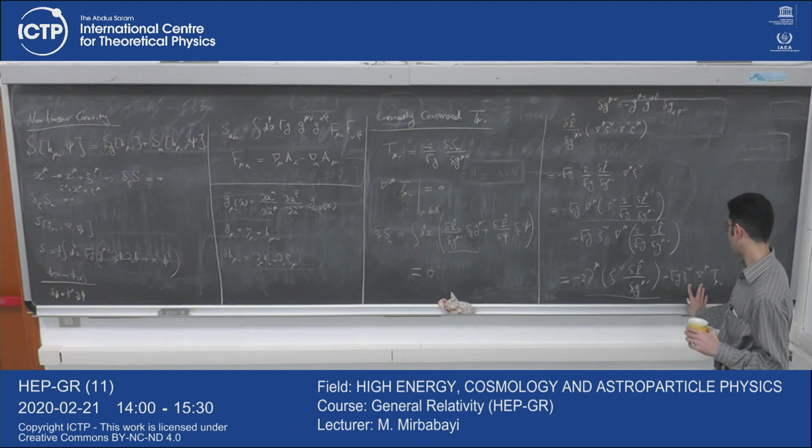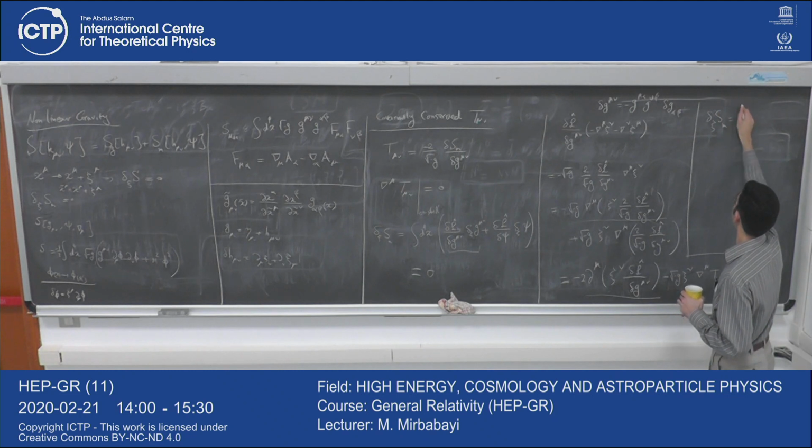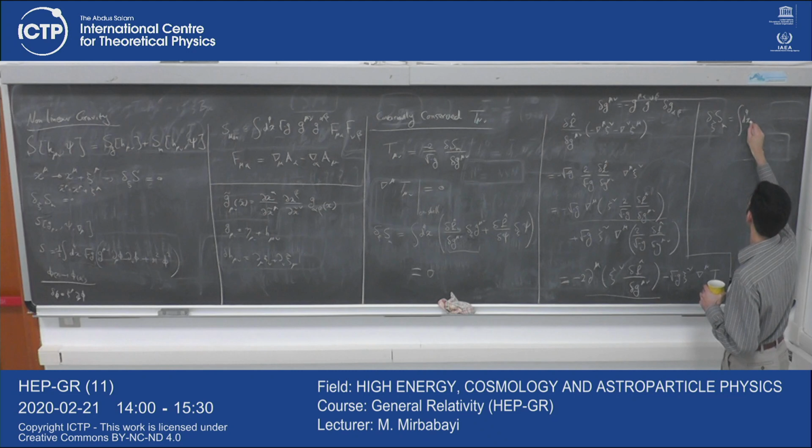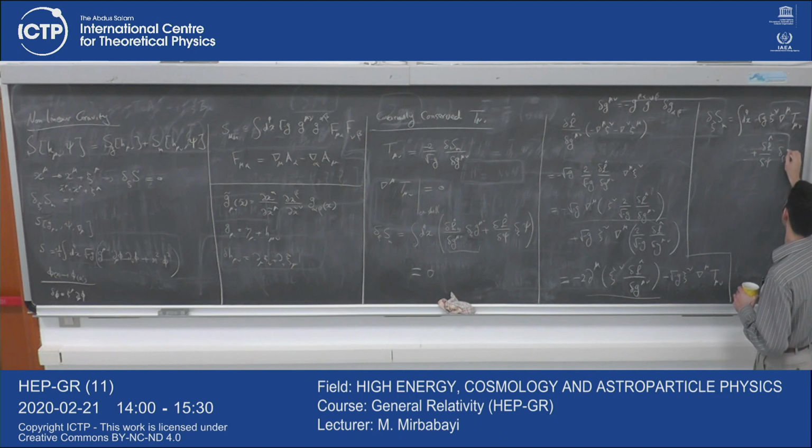What remains is this term plus that last term, so there will be d4x, minus the square root of minus g xi nu del mu T mu nu, plus delta L hat over delta phi times delta phi, and this is 0.